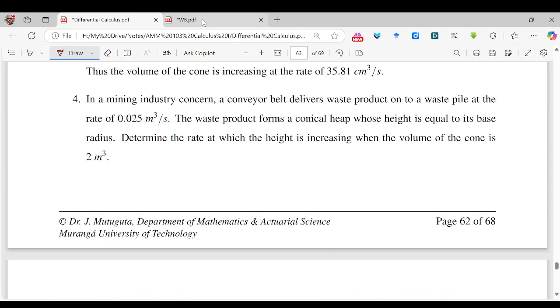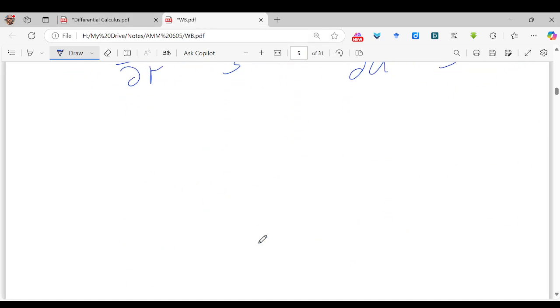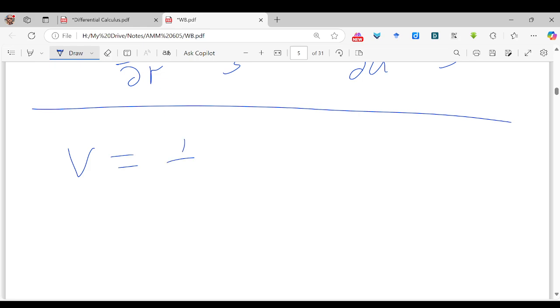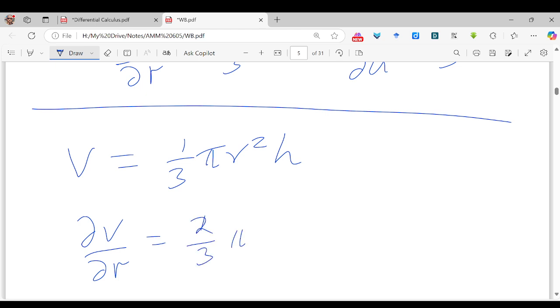So this one can be done in a similar way. We just need to write again V is equal to 1 over 3 pi r squared h. So the partial derivative of V with respect to r is equal to 2 over 3 pi r h, and the partial derivative of V with respect to h is equal to 1 over 3 pi r squared, as we had seen in the previous example.